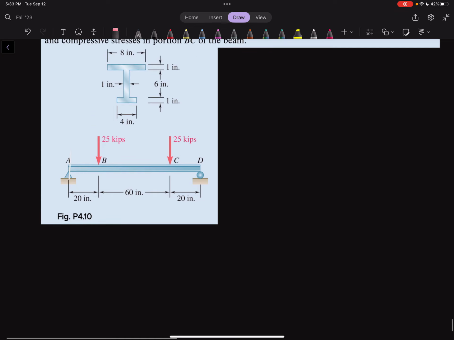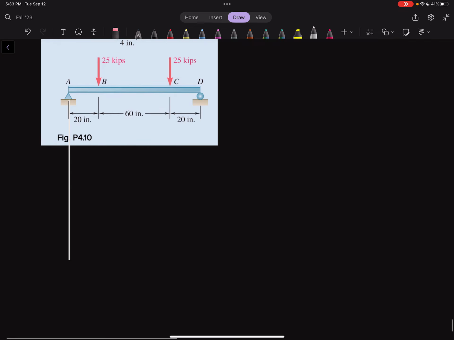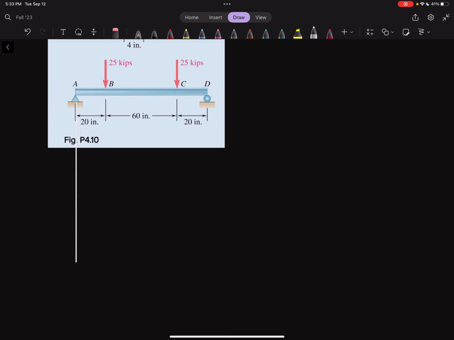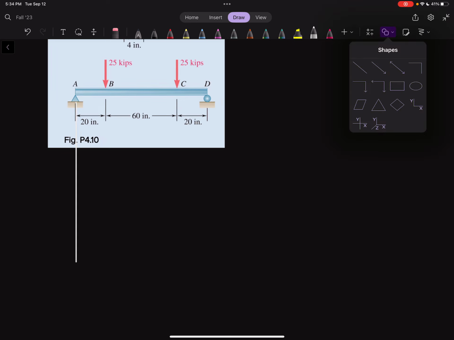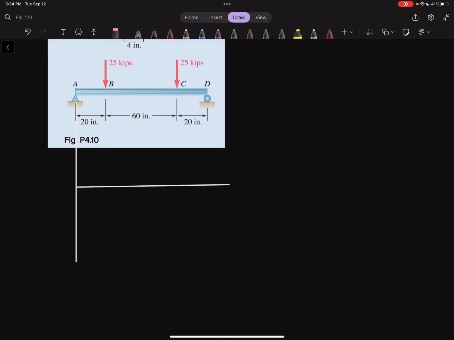So this is going to go all the way down like that. And let's say first I want to plot the shear. So we'll say this is the shear diagram. This is V in kips. And this is our x-axis, right?